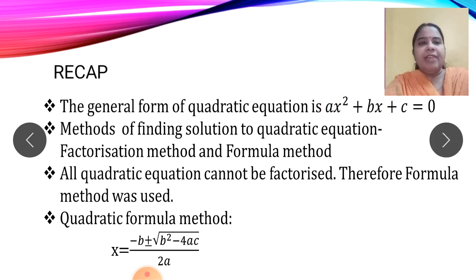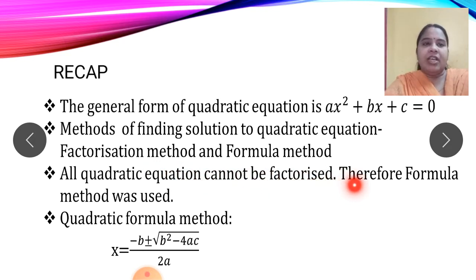Then we learned methods of finding the solution to a quadratic equation. In the previous sessions, we have finished the factorization method and solved sums based on it. I have given you the formula also, how to solve by formula method. Today we are going to do sums based on it. But why do we require this? As all quadratic equations cannot be factorized.